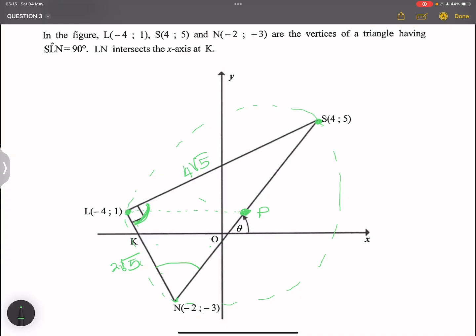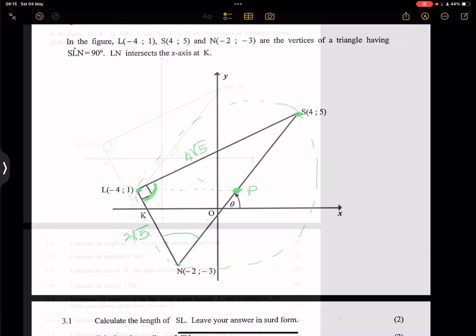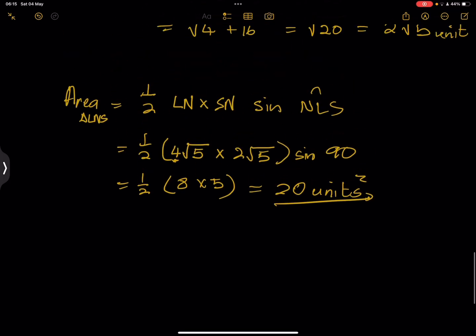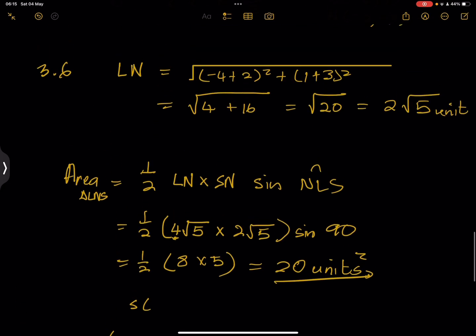So let's just find the midpoint of SN. Okay, let's do that. So we're going to find P, which would have the coordinates. Now, I almost want to always check my points.